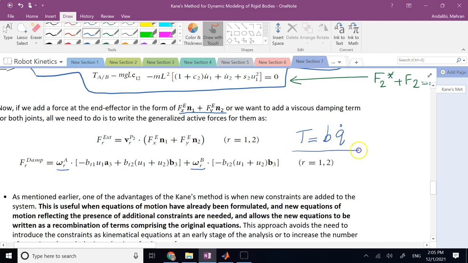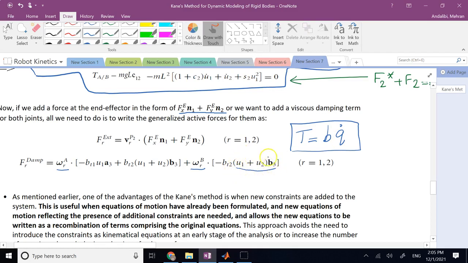So this is the formula for a viscous friction at a joint, a rotary joint.